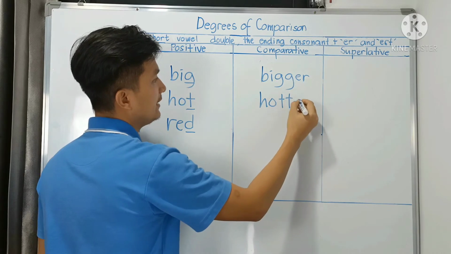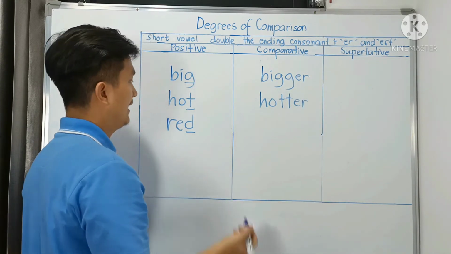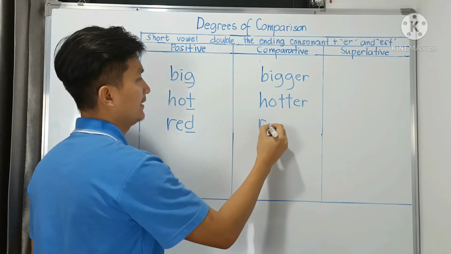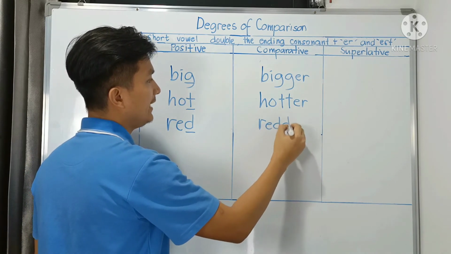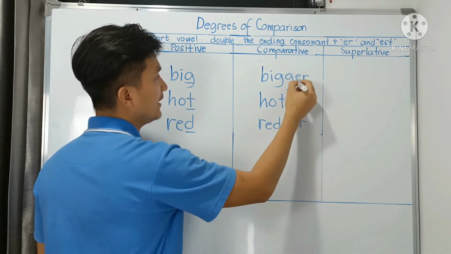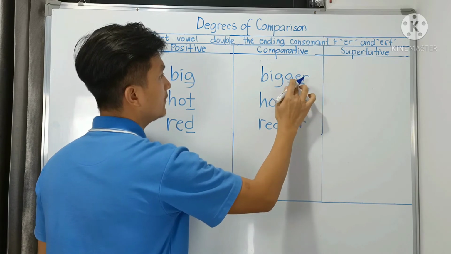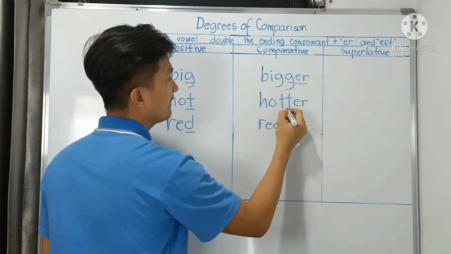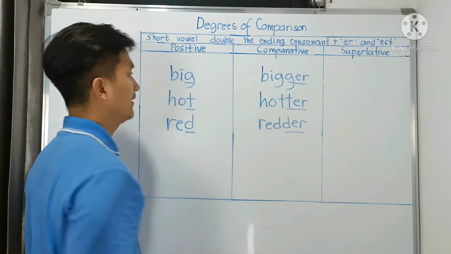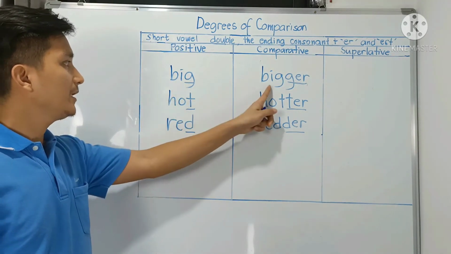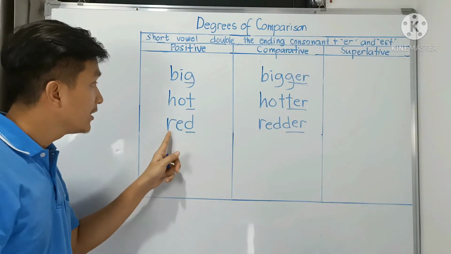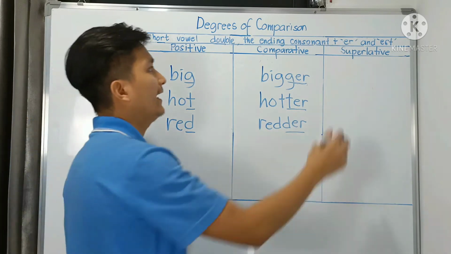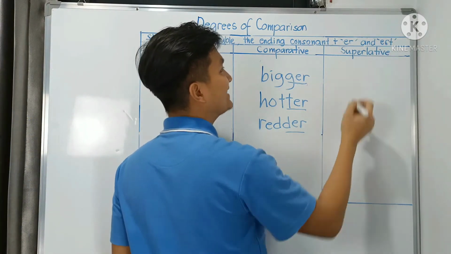Double T and ER. How about red? Red, double D and ER. Alright, so big, bigger, hot, hotter, red, redder.